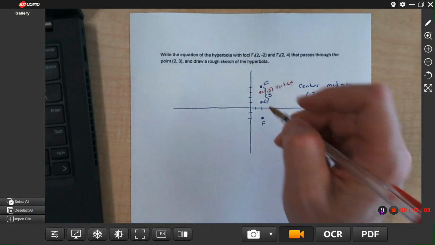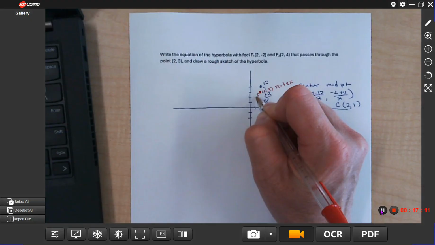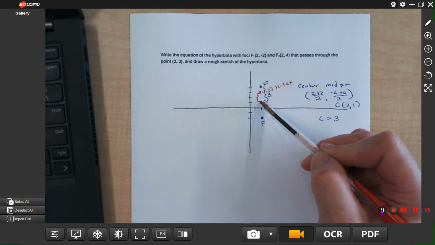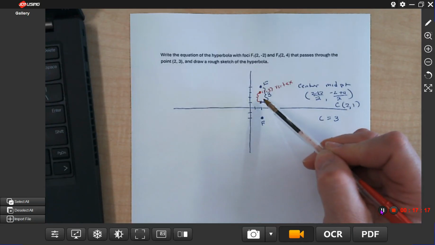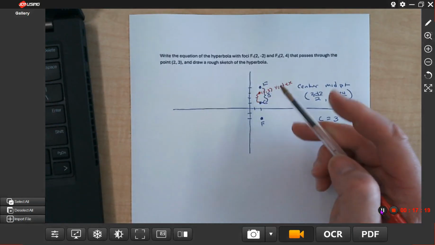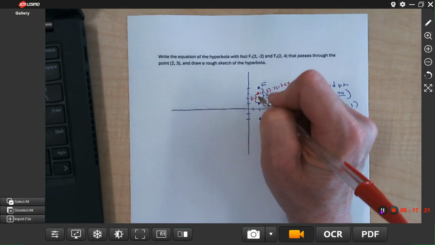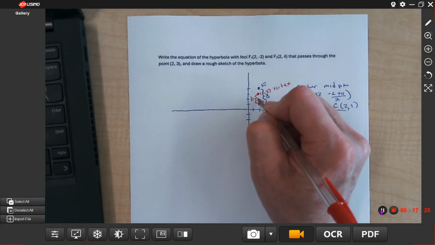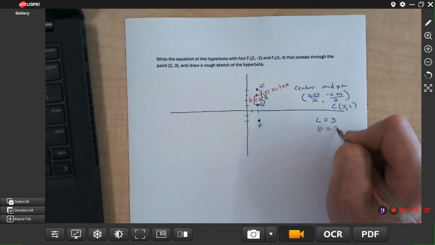So that actually gives us tons of information, because the distance between a vertex and the center is, in this case, because it's vertical, it's B. So that's B, and we can subtract 3 minus 1 and get that B is 2. So B is 2, super helpful.